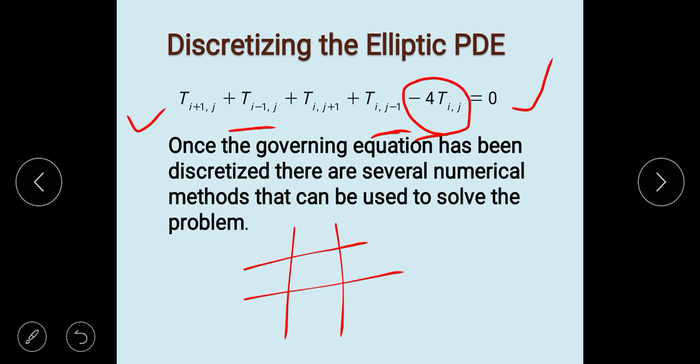That matrix for finding temperatures can be solved by the Gauss elimination method, Gauss-Jordan method, or Gauss-Seidel method. There are so many other methods to find out all these temperatures under this plate.